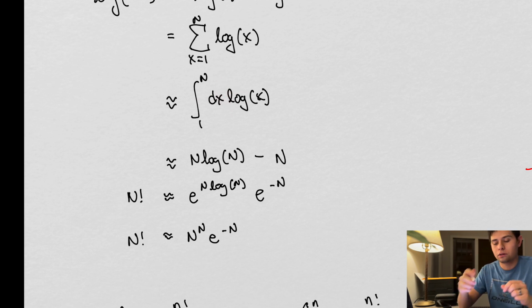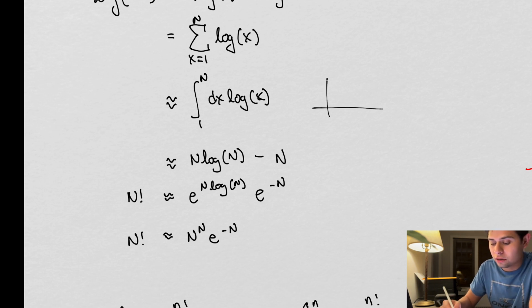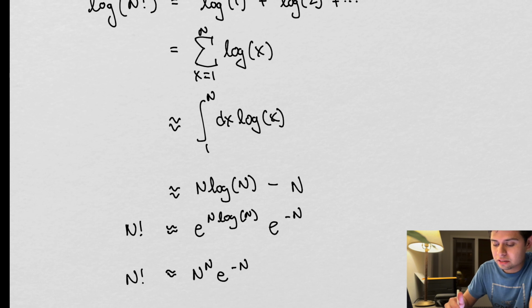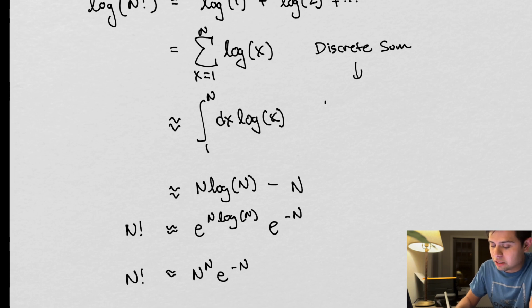You can imagine when you're integrating the log of some function, I might be explaining this a little too difficultly, but the simple way of showing this is that we go from a discrete sum, which is exact, to a continuous sum.